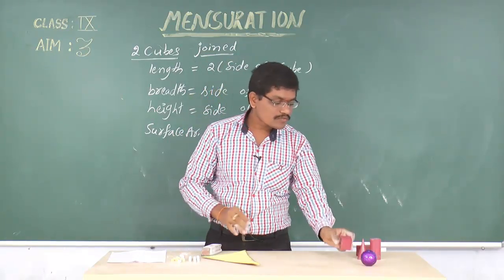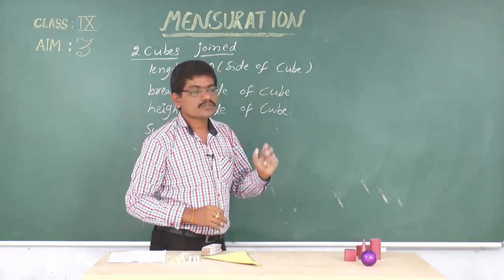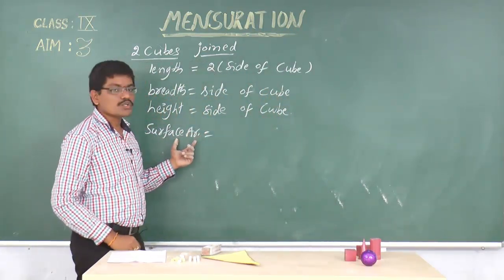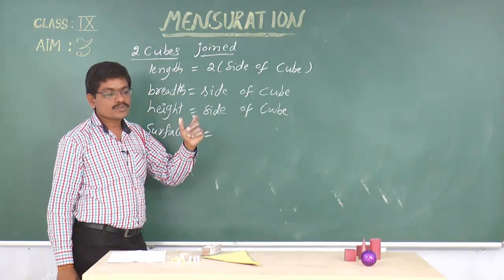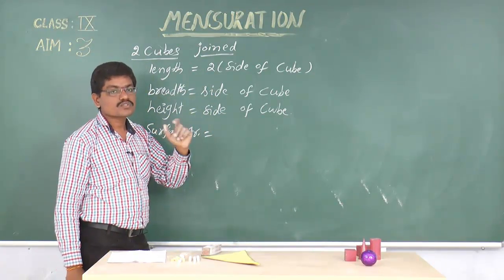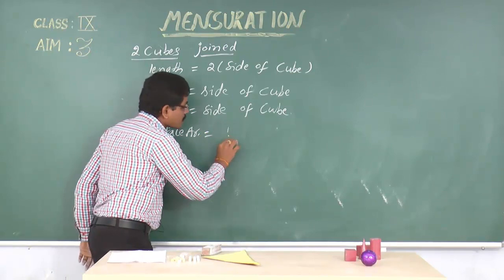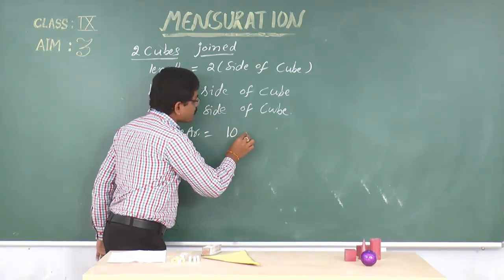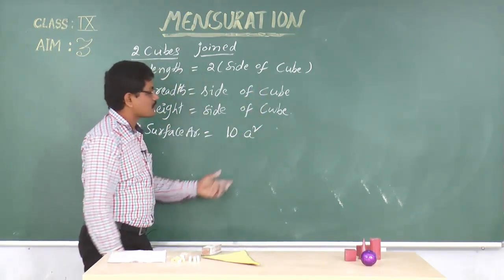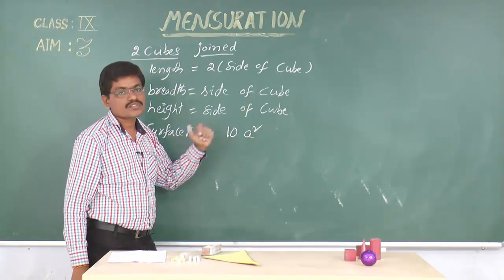That means 2 surfaces will vanish. So totally for 2 cubes 12a square, but 2 surfaces will vanish there. So we will get total surface area as 10a square. That means 10 into side square.